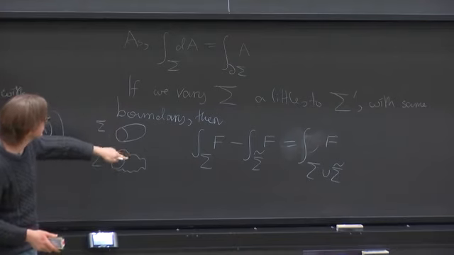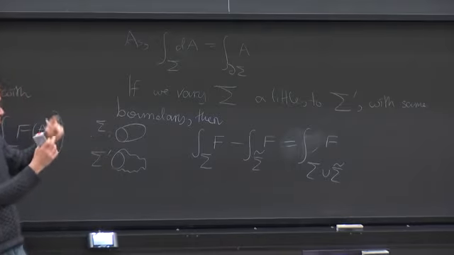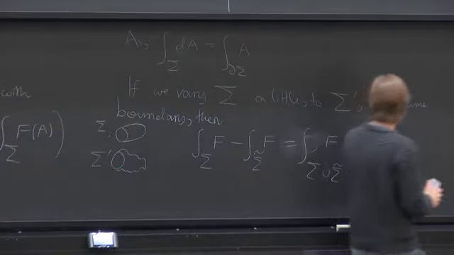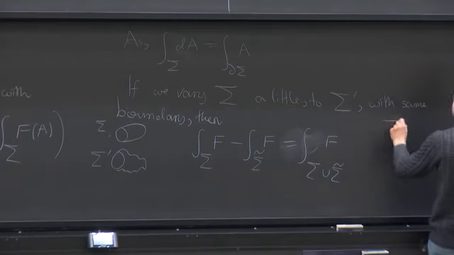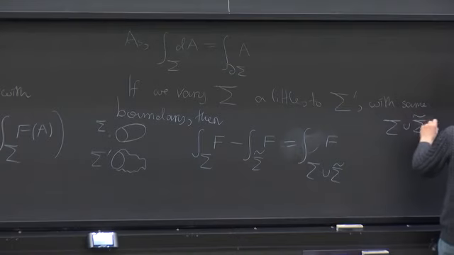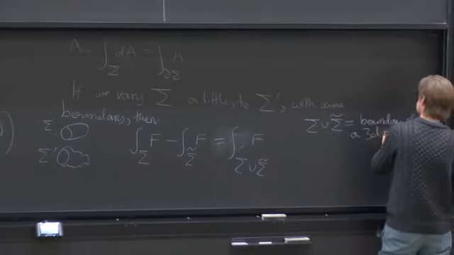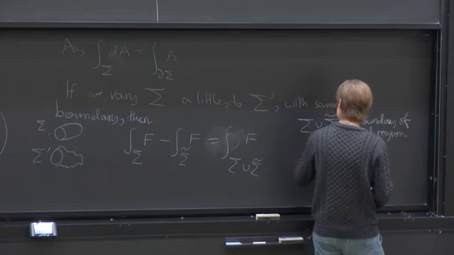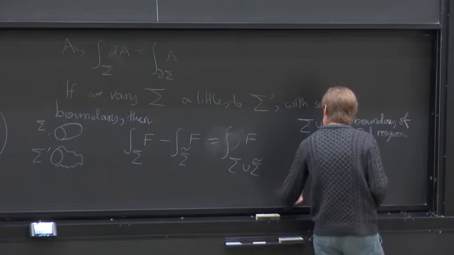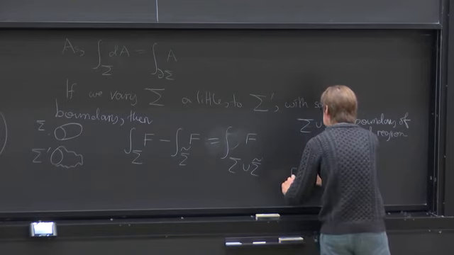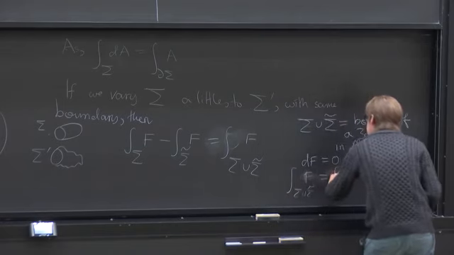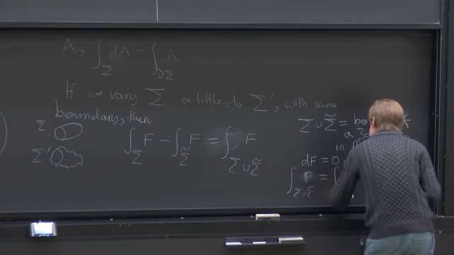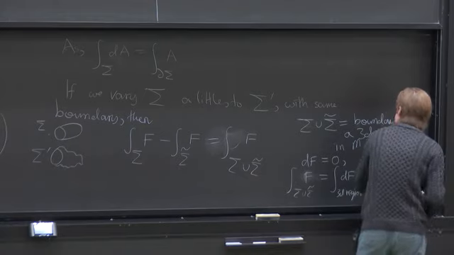But because I'm assuming sigma tilde is a small variation, this surface I've built here is the boundary of a three-dimensional region in M, and since df is equal to 0, the integral of df over the 3D region is 0.